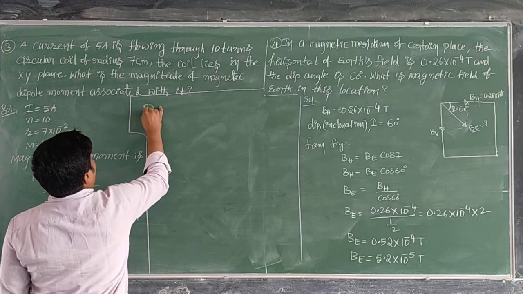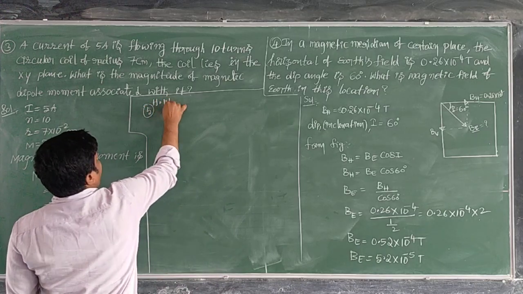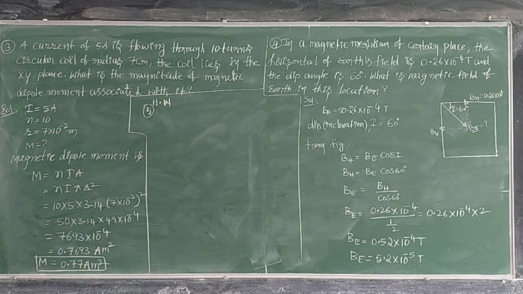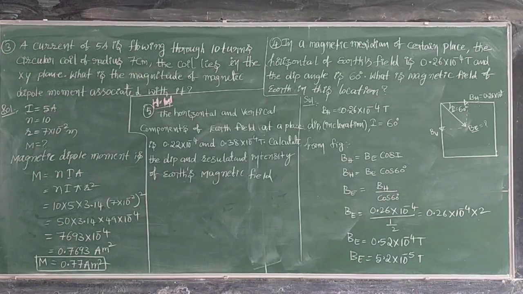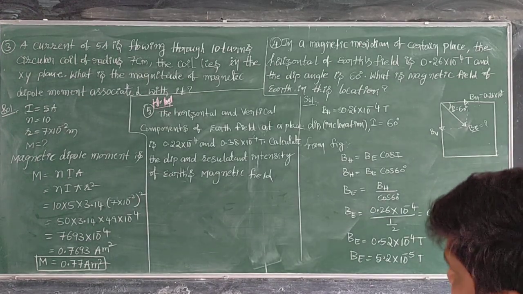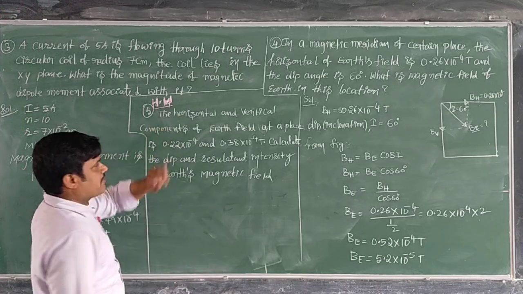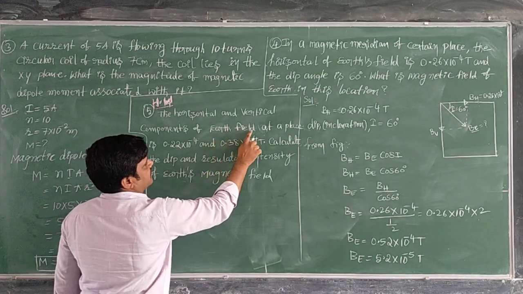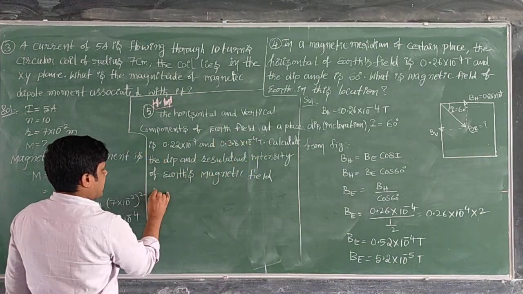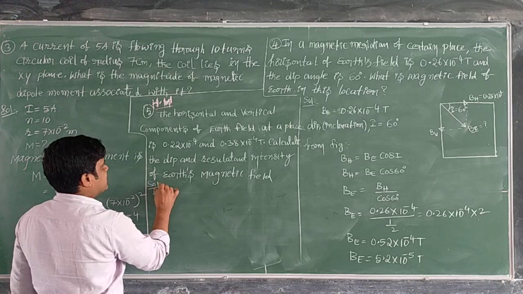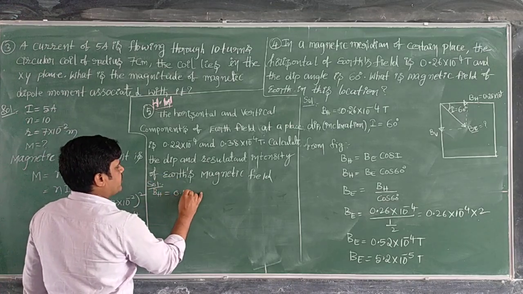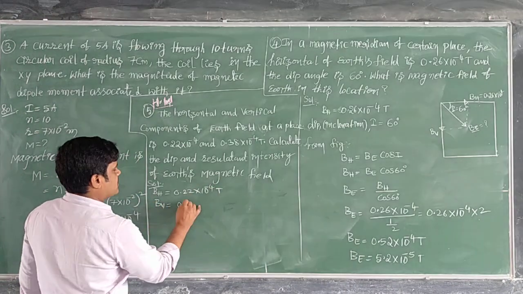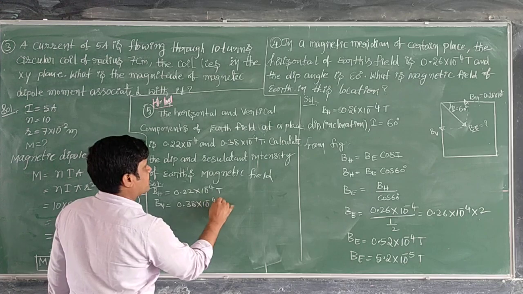Now here I am going to give one homework problem related to the fourth problem. Dear students, see the next problem, the fifth problem, you have to do as homework. The horizontal and vertical components of Earth's field at a place are given: the horizontal component of Earth's magnetic field is 0.22 into 10 power minus 4 Tesla, and the vertical component of Earth's field is 0.38 into 10 power minus 4 Tesla.